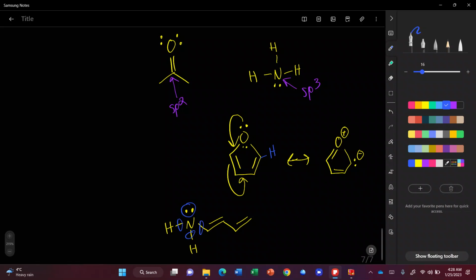But even though it has 4 domains, it's not actually going to be sp3 because this lone pair can resonate. Right? And I can draw a resonance structure where that lone pair has resonated.